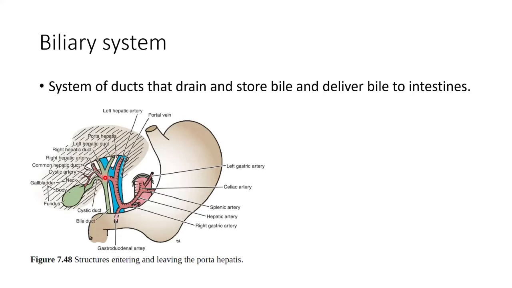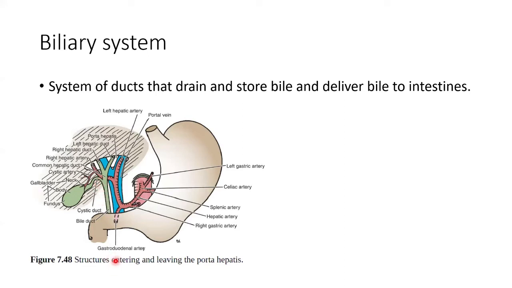They join and form the common hepatic duct here. Right? And then you have joining it the cystic duct. The cystic duct drains the gallbladder. Then the cystic duct and the common hepatic duct get together and form the bile duct. So these are the parts of the biliary system.